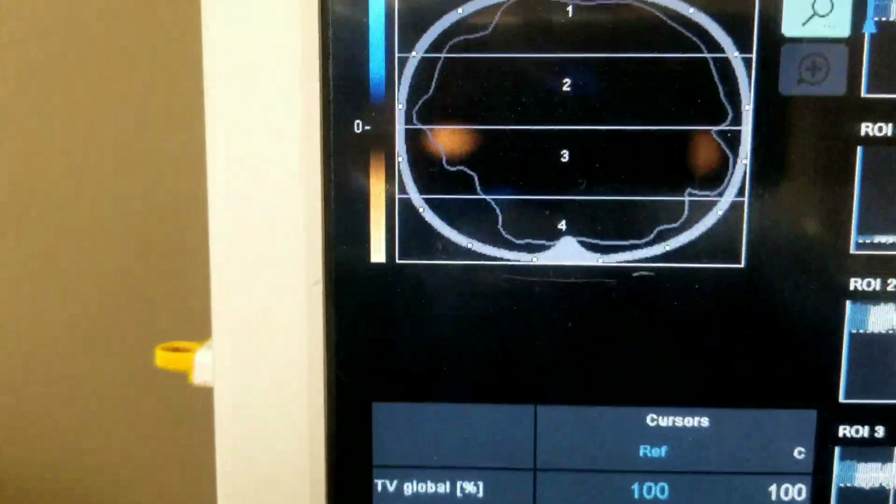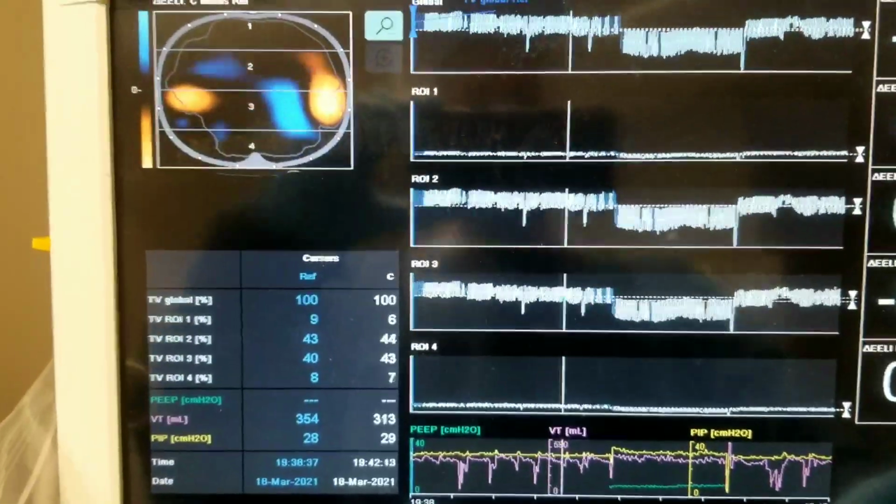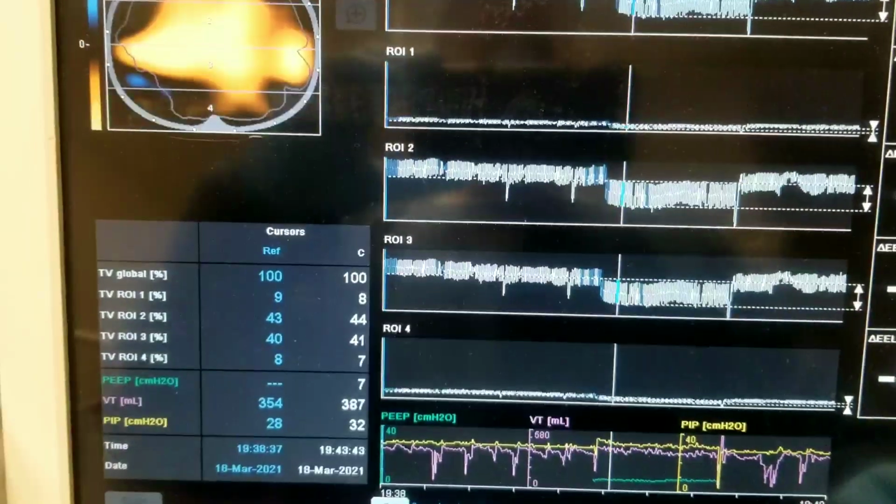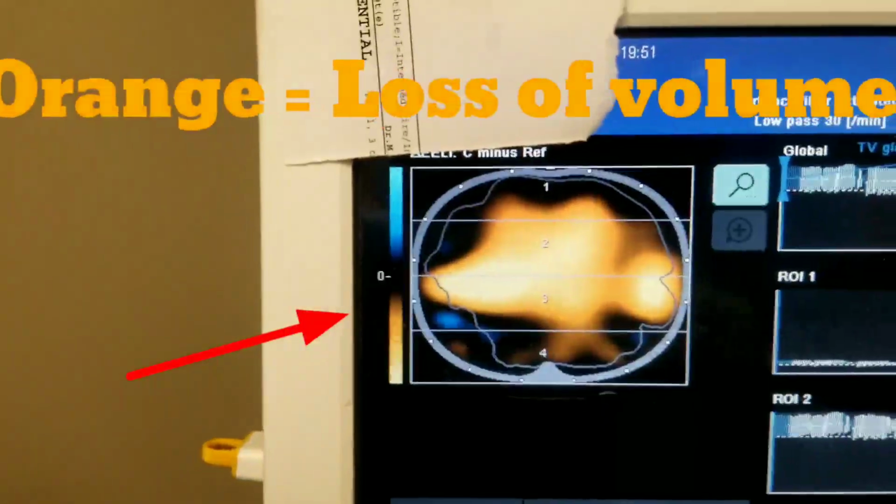So let's look over here when I get, okay, all of a sudden I switch to ACPC. Okay, look at the difference.